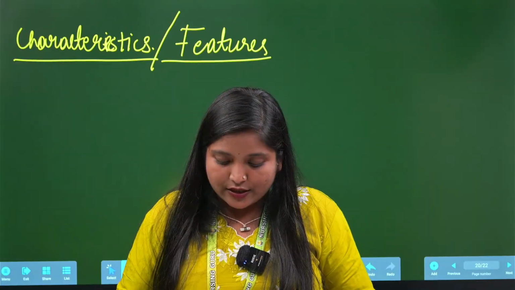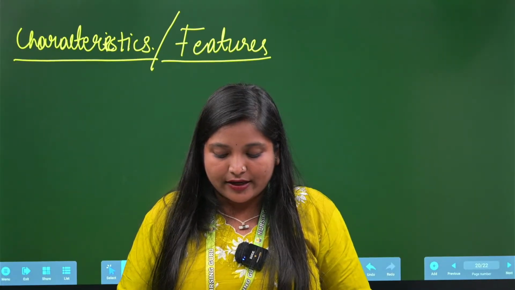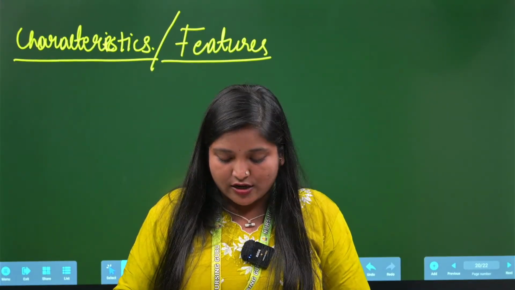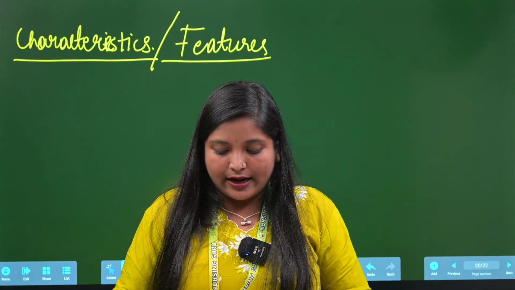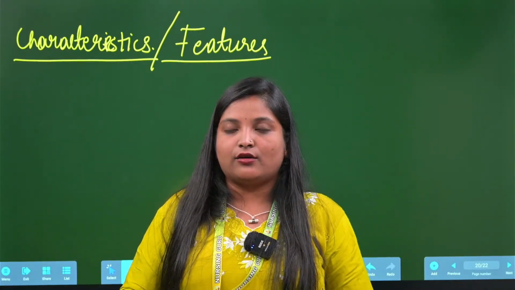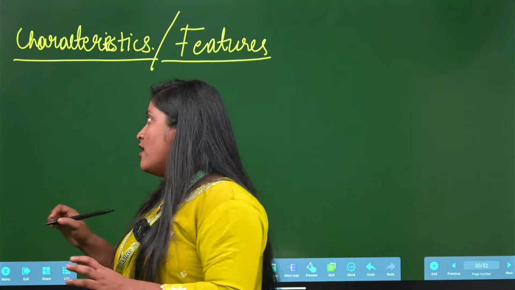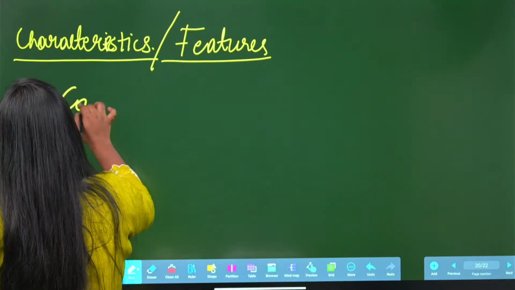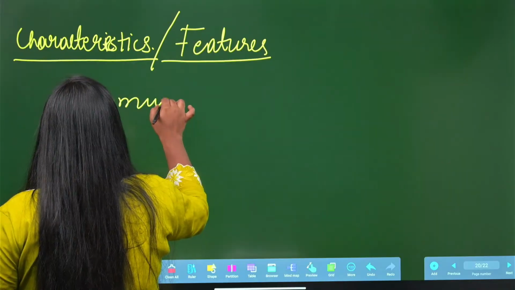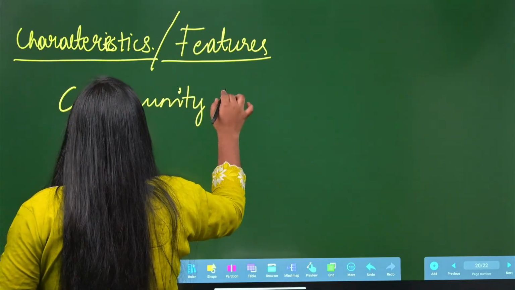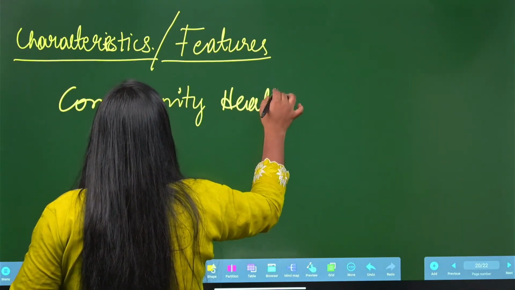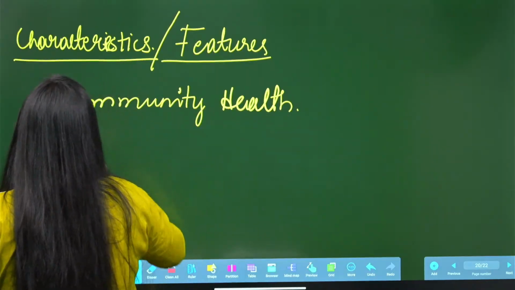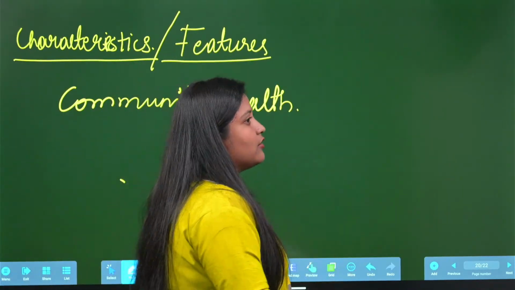The next one is community based health planning, which focuses on community health. Why? Because there is a high risk of spreading from one person to another, and the spreading will happen easily.